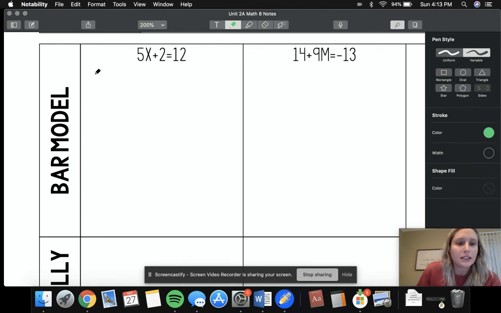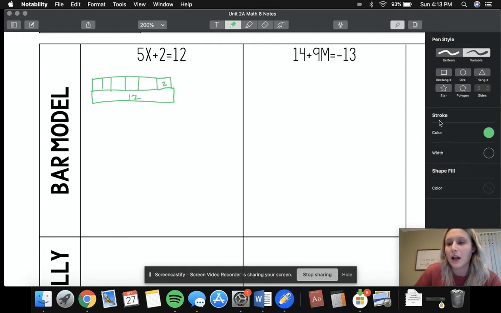I like to draw a little picture. So here are 5 x's, and I'm going to write 2 right there. And this whole expression, these 5 things plus 2, has to be equal to 12.